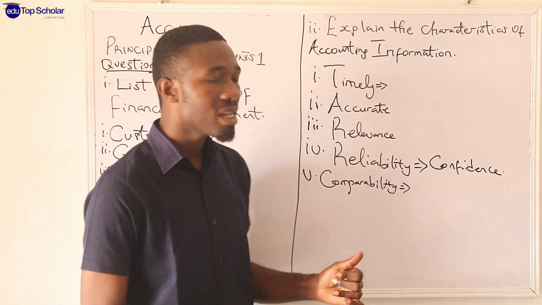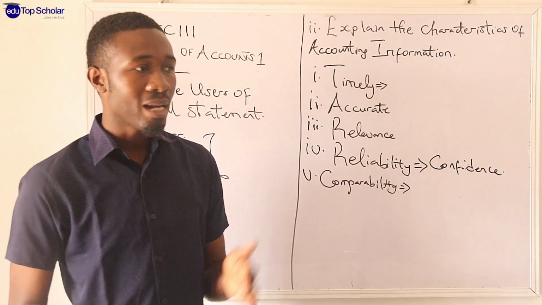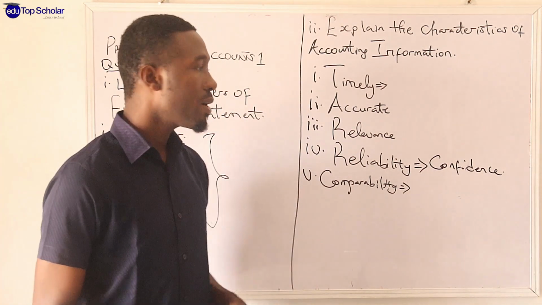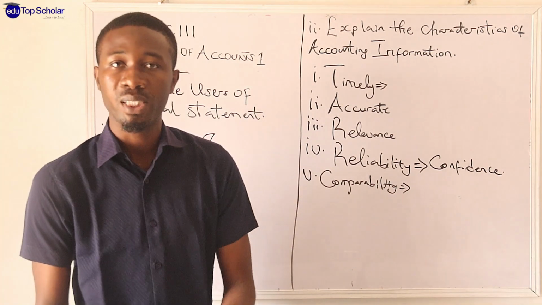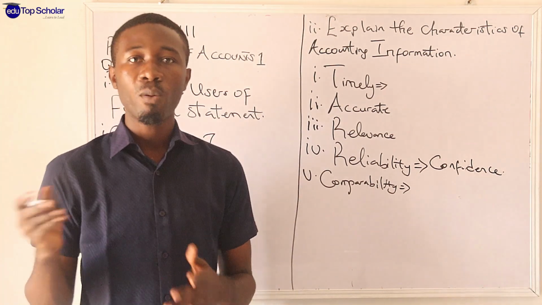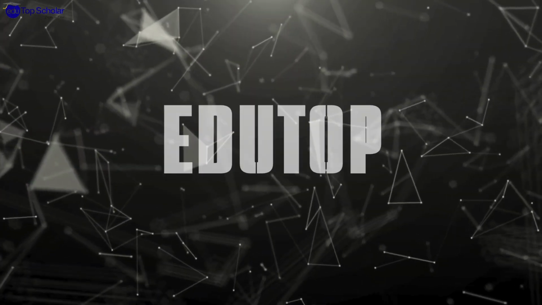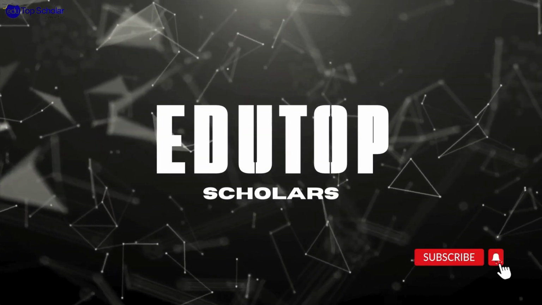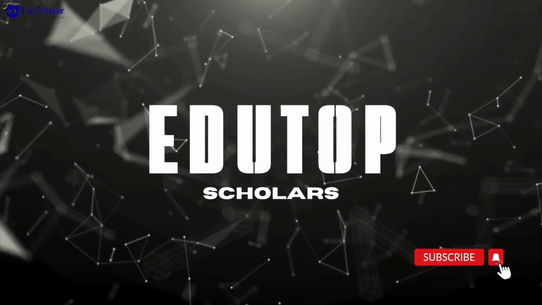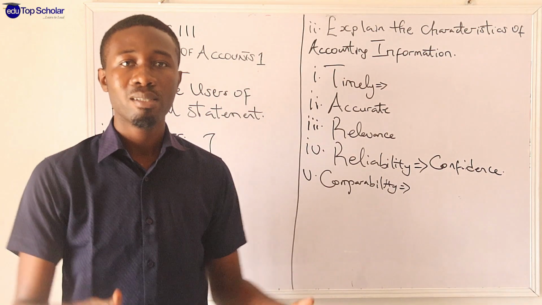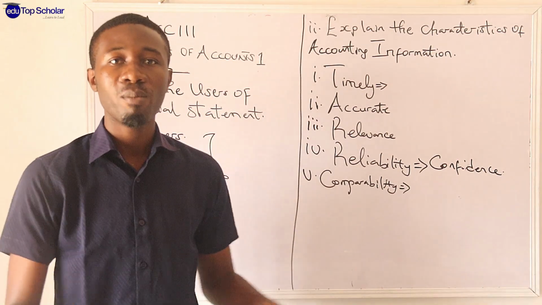For instance, a business makes a loss last year and it makes profits this year. You can tell that the business has improved. So it must be comparable, number one, to that of the company from previous years, and number two, to that of other companies in the same sector or industry.